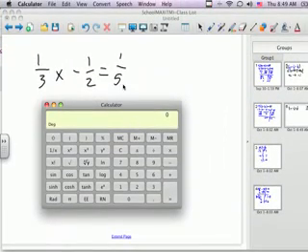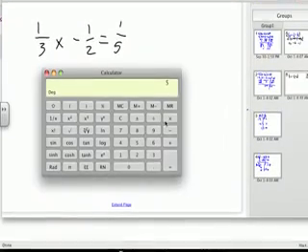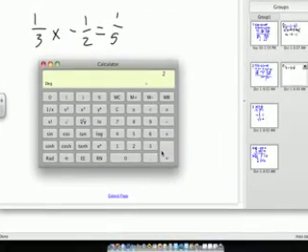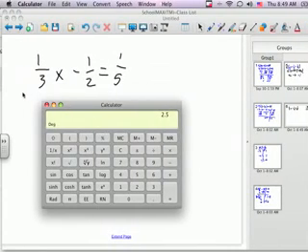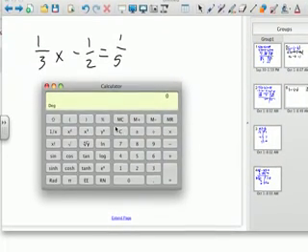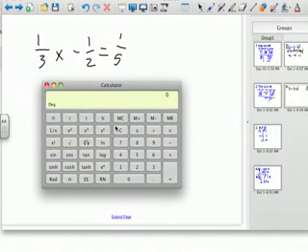The largest number I have is 5, right? Well, 5 divided by 2 isn't going to give me a whole number. It's going to give me a decimal. I don't want that. So what happens if the largest number isn't my greatest common factor?